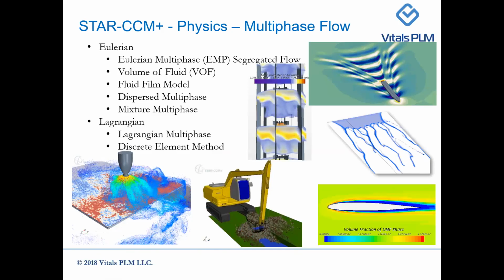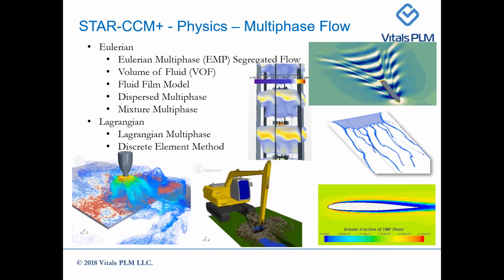For multi-phase flows, we can use the Eulerian approach or the Eulerian-Lagrangian approach. For Eulerian, we have Eulerian multi-phase, segregated flow, volume of fluid, fluid film models, dispersed multi-phase, and mixture multi-phase. For Lagrangian, we have Lagrangian multi-phase and the discrete element method. The first, EMP, can be used for modeling miscible fluids mixed on length scales smaller than we wish to resolve.